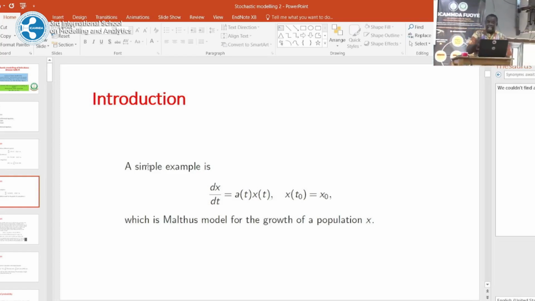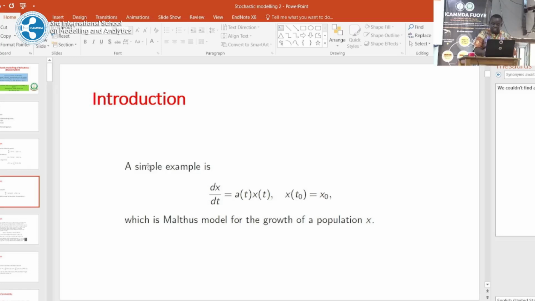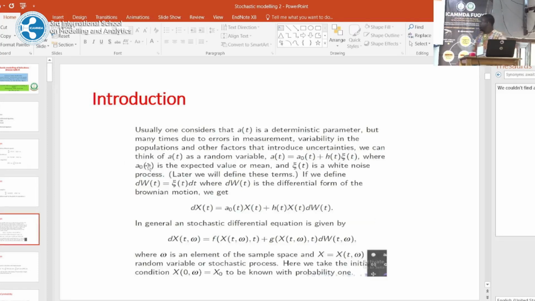The a there can be an intrinsic growth rate, the difference between the birth and the death. Usually one considers that a of t is a deterministic parameter. That's the normal thing we do. So once it's deterministic, we fix it.